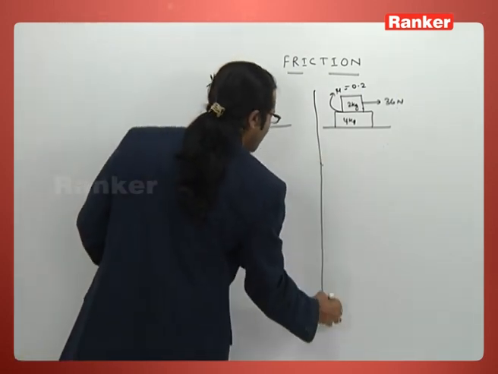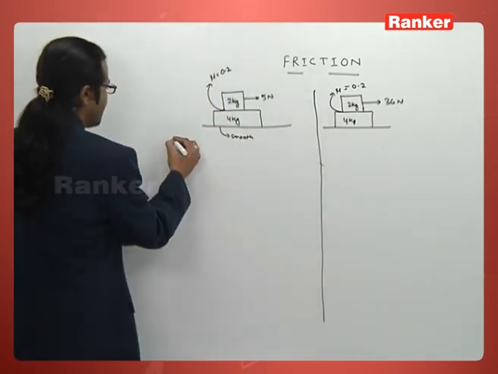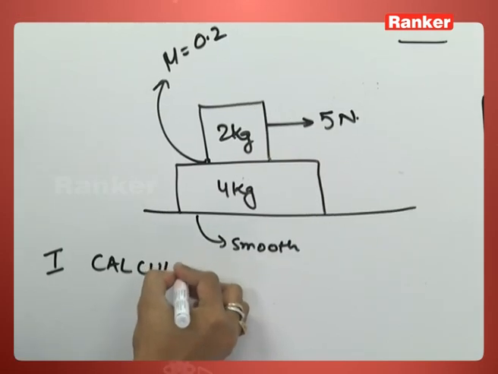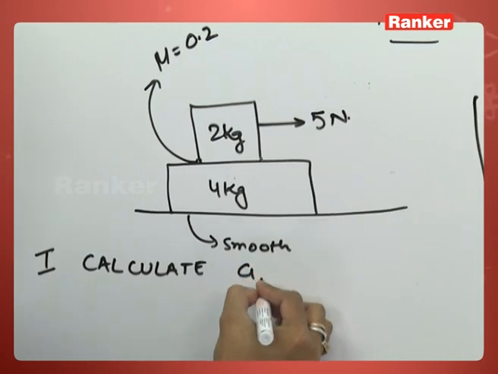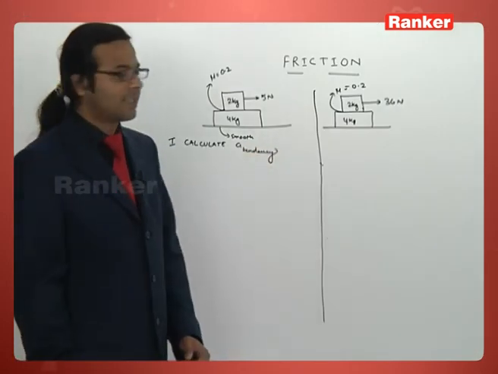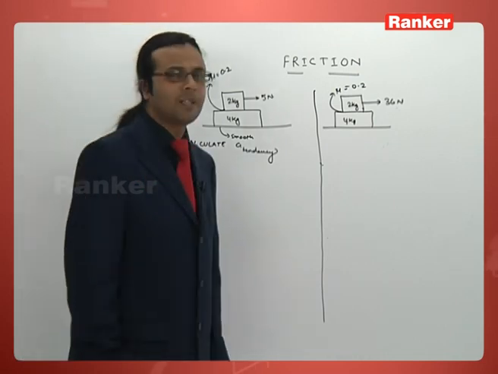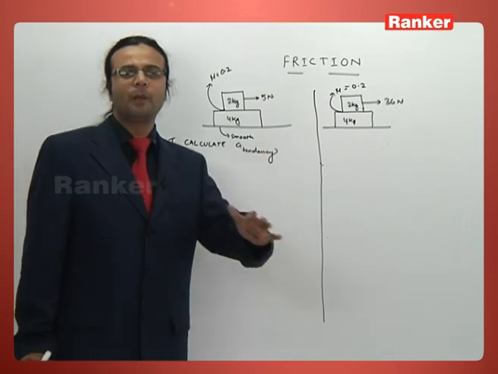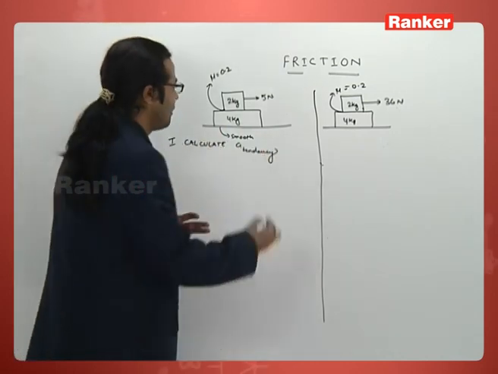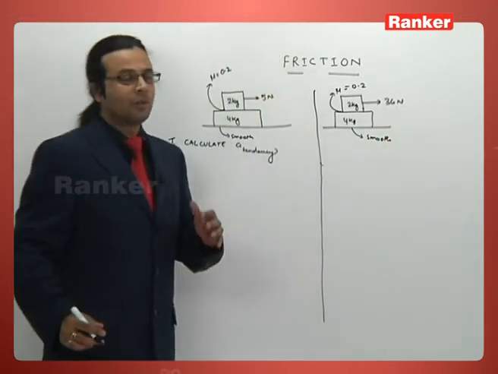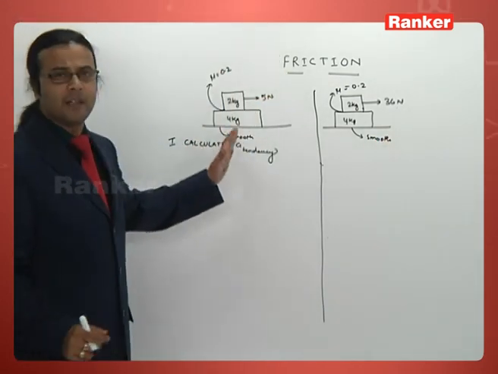Whenever this kind of problem is given, step 1, calculate A tendency. A tendency means acceleration. In Newton's laws of motion, whenever an unbalanced force is given, the body tends to accelerate in that direction.